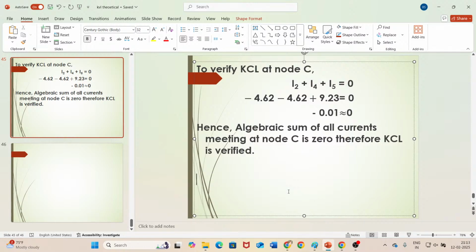This is for Kirchhoff's current law, of course. For Kirchhoff's voltage law also, yesterday I took the live session. So both the theoretical calculations are in the manual, which is available in my channel, for the verification of Kirchhoff's voltage law and current law. If you have any doubts, any point which was not clearly understood by you, if you mention that, I will just explain it. You can mention in the chat box. Any doubts?